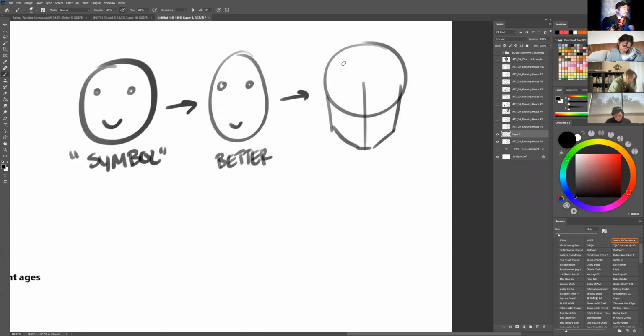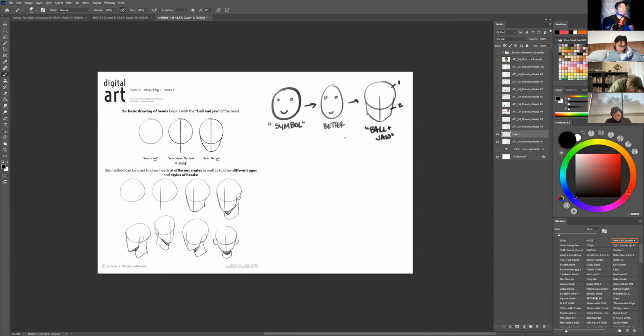It's more realistic, and it deals with something that, as a person who teaches a lot of figure drawing classes, I'm pretty obsessed with, which is what I call moving parts, the true pieces of a head, like your cranium, the top of your head and your skull. So when we talk about drawing heads, we want to get really obsessed with this idea of the ball and jaw.